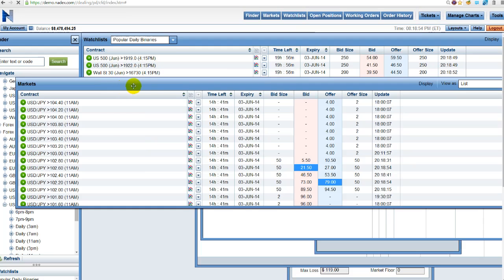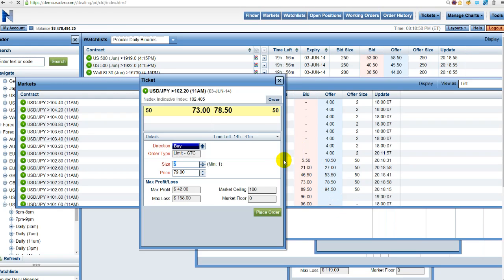Okay. So just for an example, if I bought this contract, this 102.40 contract, the U.S. yen, actually the U.S. yen's at 102.40. If I bought it, I'm saying the U.S. yen will basically be at or above 102.20 at 11 a.m. tomorrow. Okay? It's already 20 pips above it. So I'm in the money, right?